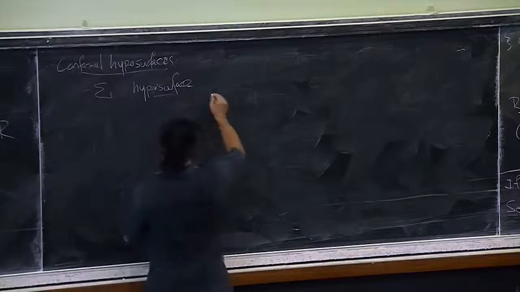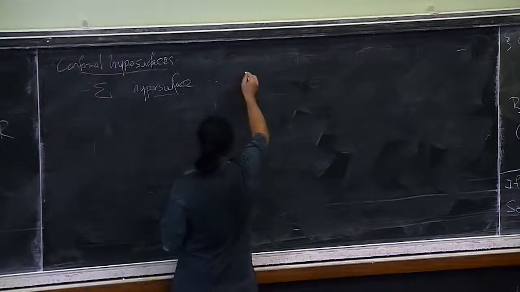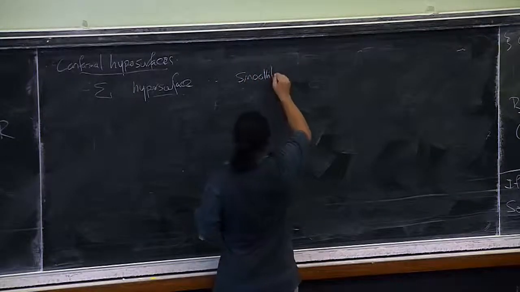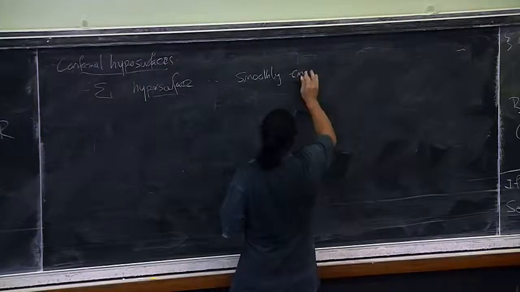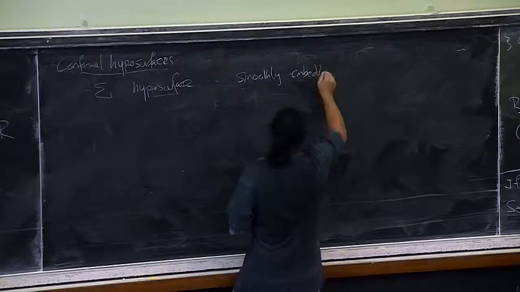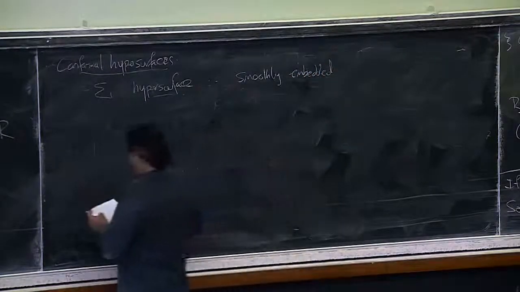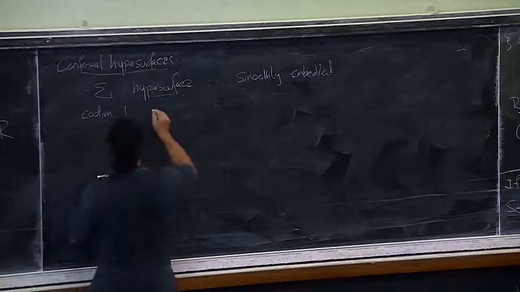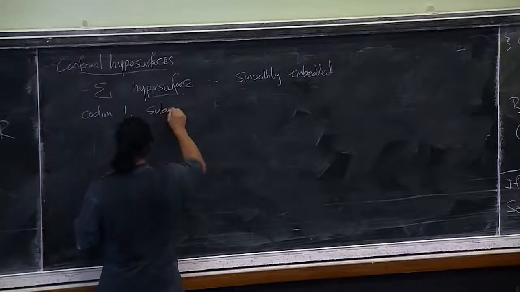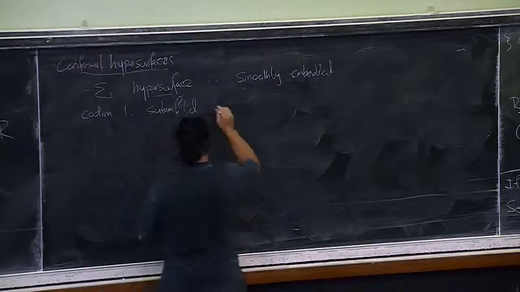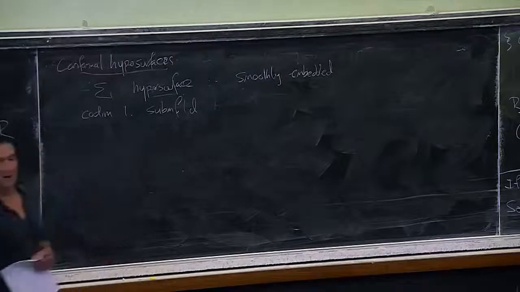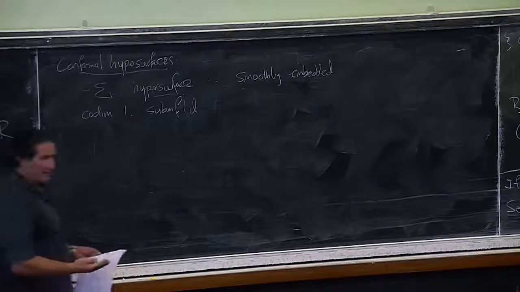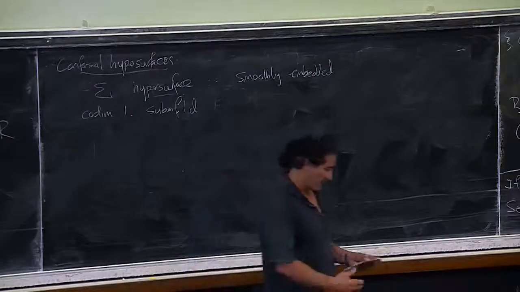So what I mean is a smoothly embedded codimension 1 submanifold. But I want to include the case, of course, that it's the boundary. Okay, so it may be also the boundary of a manifold.